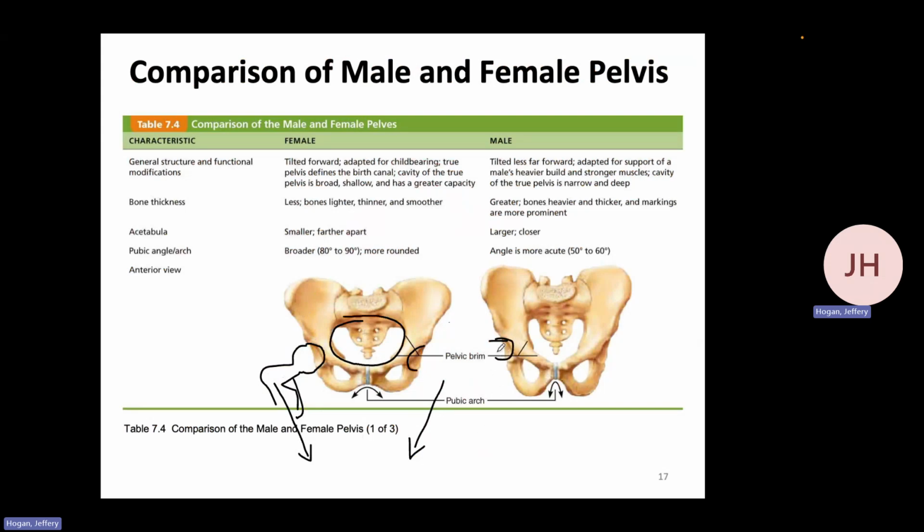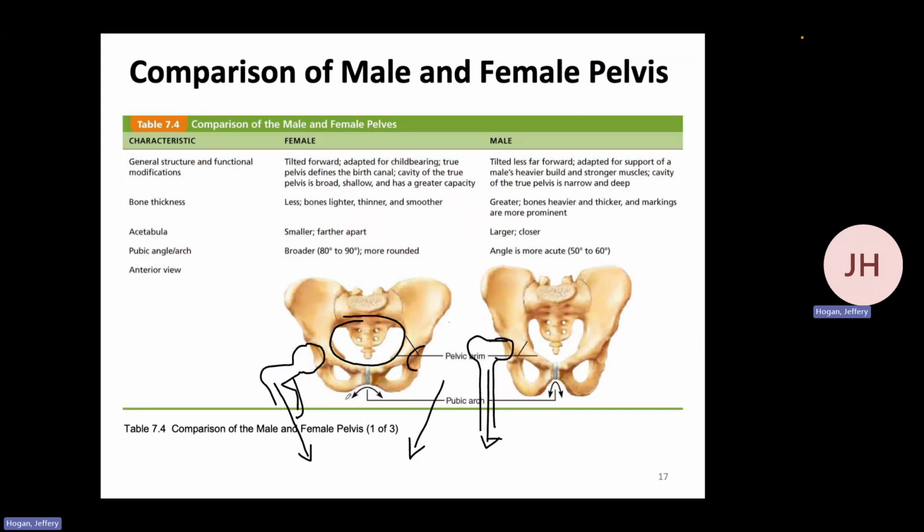So the femur is going to hang a bit more straight down. And this has biomechanical implications for your patients who are performing in sports.